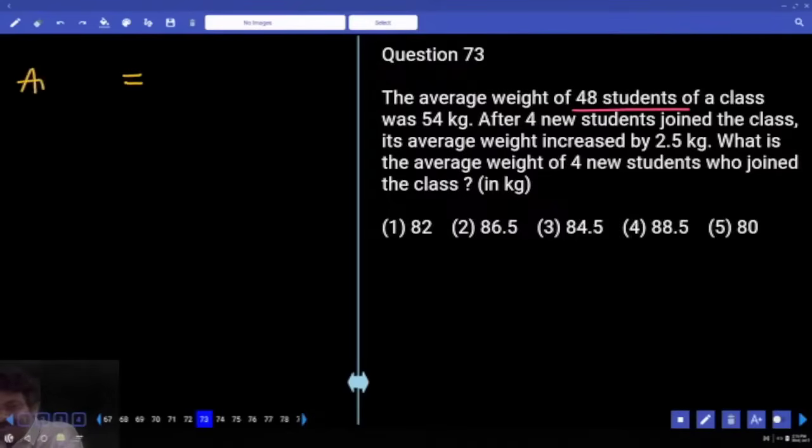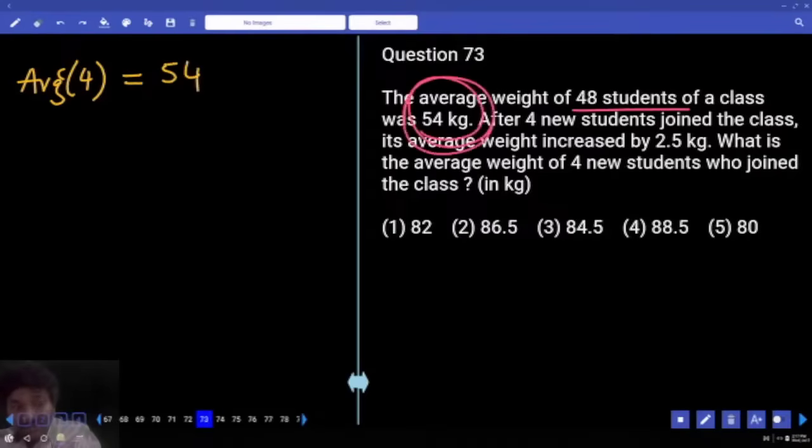If the average of these 4 people is equal to the initial average of 48 people, 54, then when these 4 people join the group, what will happen to the average? No change. The average will be the same as before, correct?